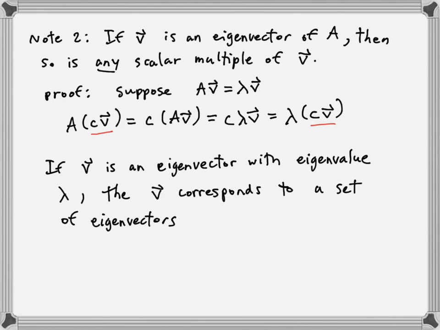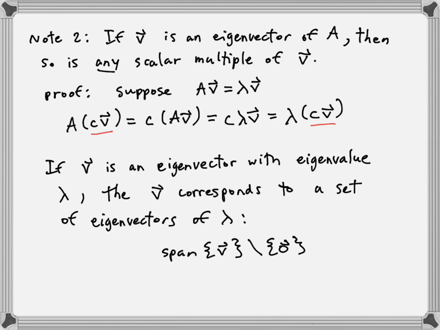Since any multiple of V is also an eigenvector, we have a complete set of eigenvectors of lambda. That would be the span of V, but we're taking away the zero vector.